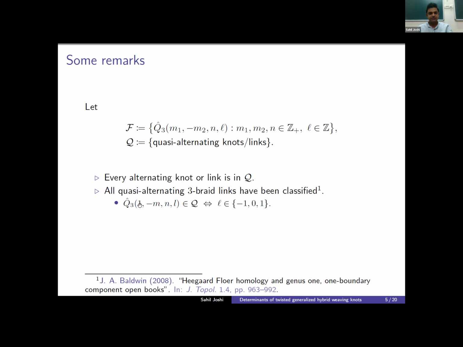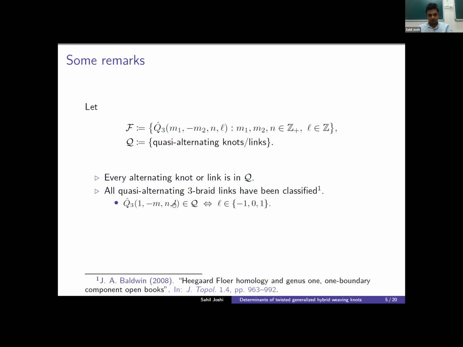This is part of one of the classification theorems: if I consider this twisted generalized hybrid weaving knot with these parameters, it will be quasi alternating if and only if l takes the following three values: plus or minus 1, and 0.